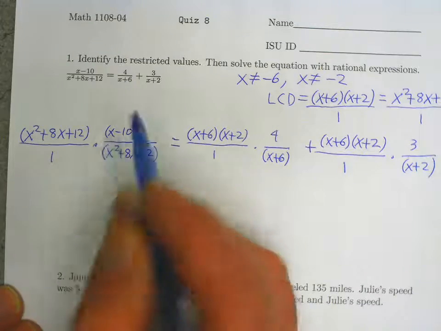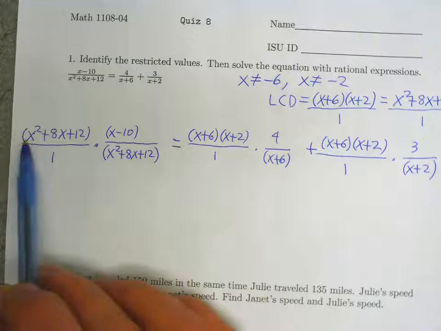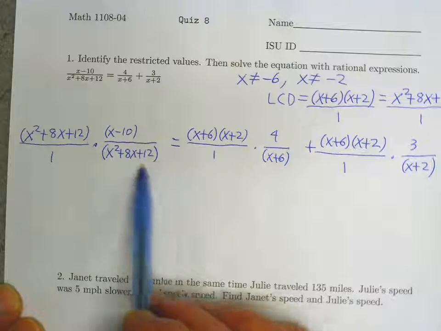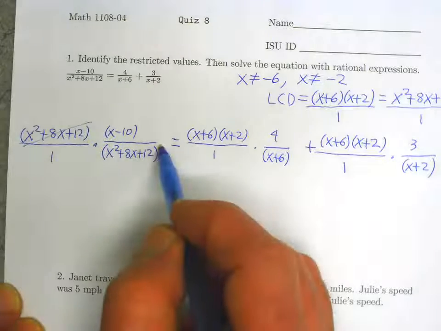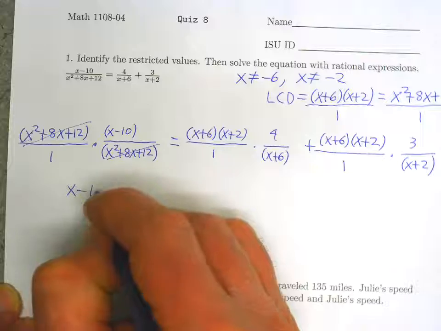So in this first product, the trinomial factor x squared plus 8x plus 12 divided by the same trinomial factor equals 1. So we're just left with x minus 10.